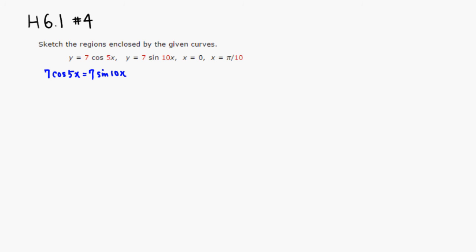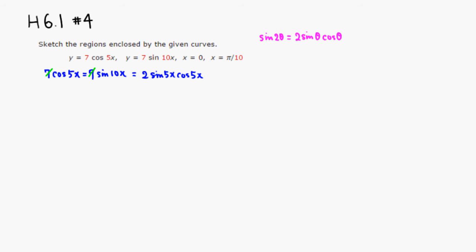Alright, so using the trig identity, sine of 2 theta is equal to 2 sine of theta cosine of theta, we can rewrite this. Before we do that, I'm going to divide through by 7 so that we don't have to look at 7. So this is equal to 2 times sine of 5x times cosine of 5x.